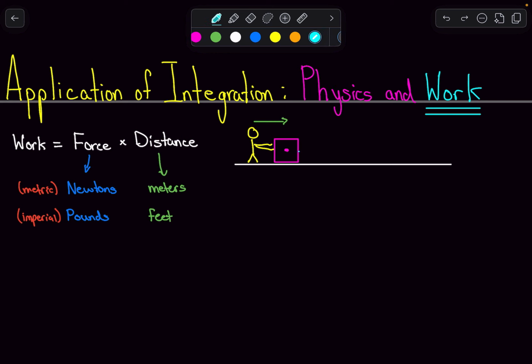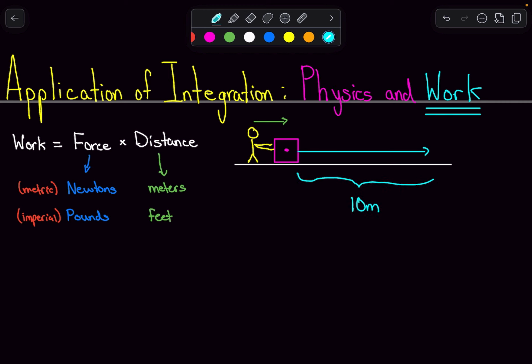But if I want to move this box a certain amount of distance, so this part here is going to be, let's say this is 10 meters, and if I am pushing this box with 15 newtons of force.